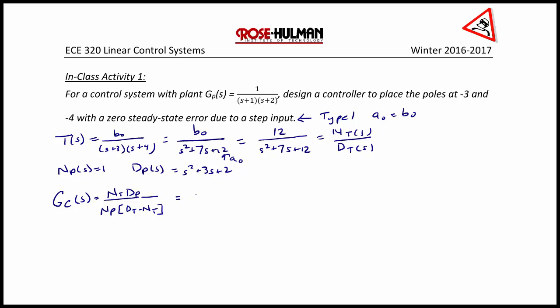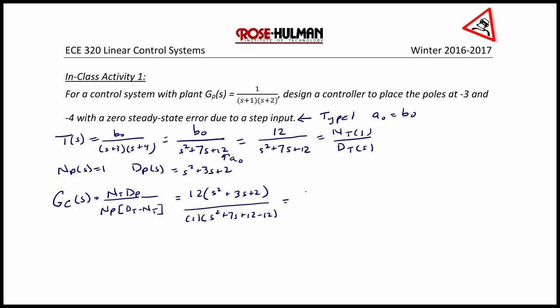So this equals 12 times the quantity s squared plus 3s plus 2 divided by NP, which is 1, times DT, s squared plus 7s plus 12, minus NT, which is also 12.